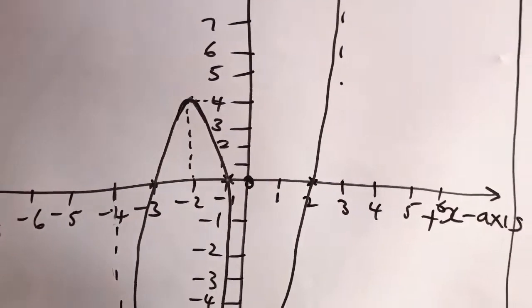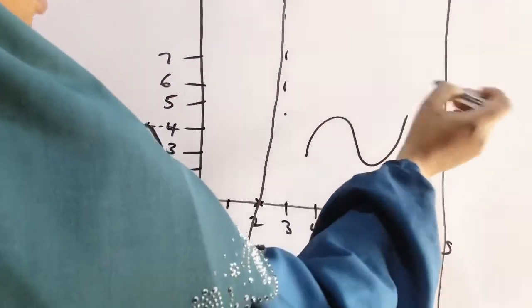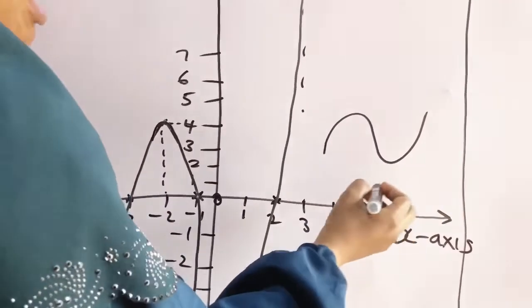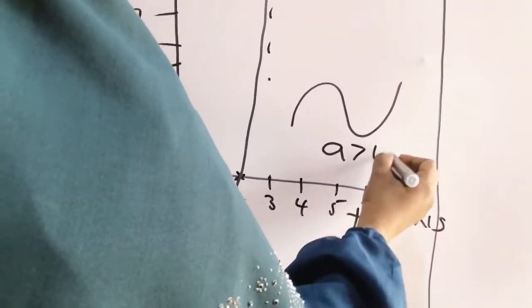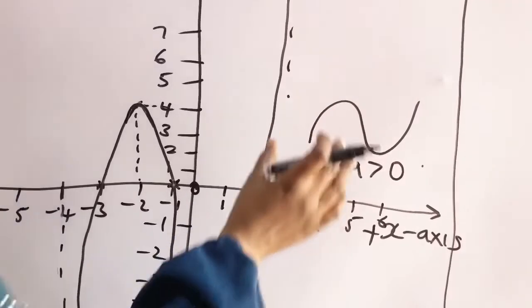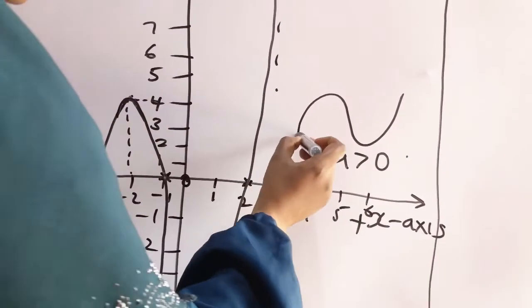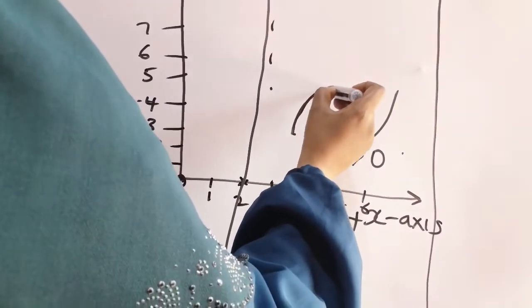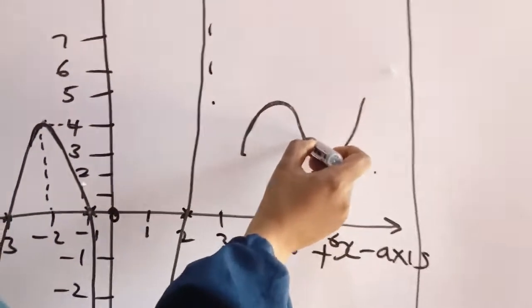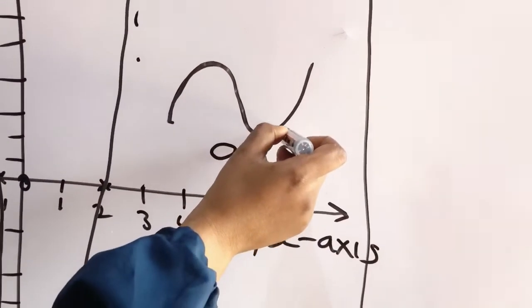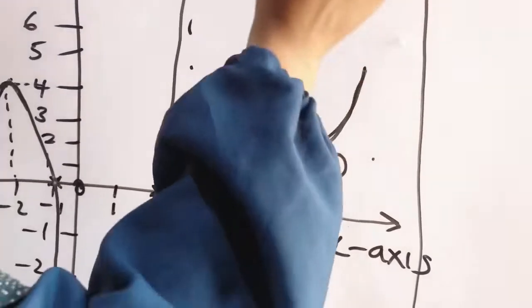You can see that it looks like this. So wherever a is greater than 0, the cubic parabola will always look like this, starting from the bottom, then it gives a maximum point, then it comes down to produce a minimum value, then it goes up again.